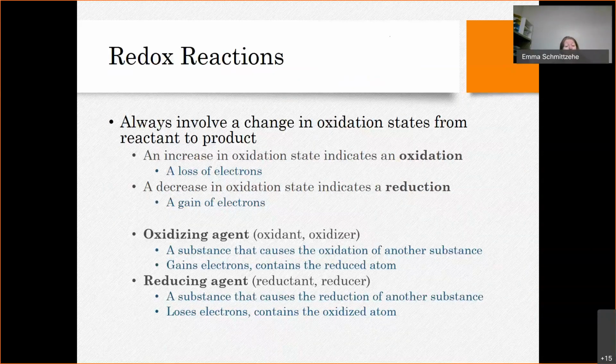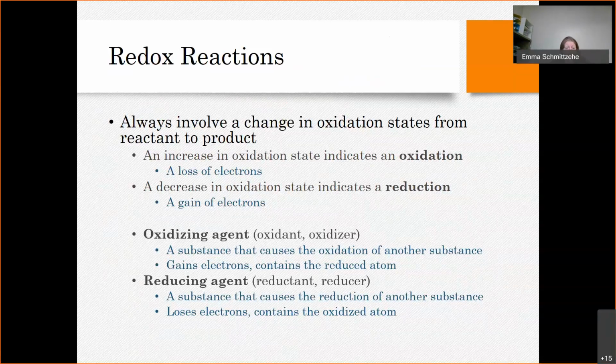And so that other thing that's there to pick up those electrons would be the oxidizing agent, okay? Or other terms, oxidant, oxidizer, those are all the same thing. So what you would be looking for is what substance contains the element that is actually gaining the electrons. And that is the substance that is called the oxidizing agent, okay?